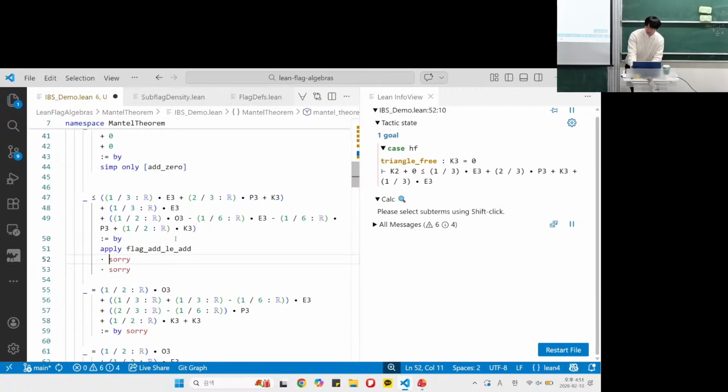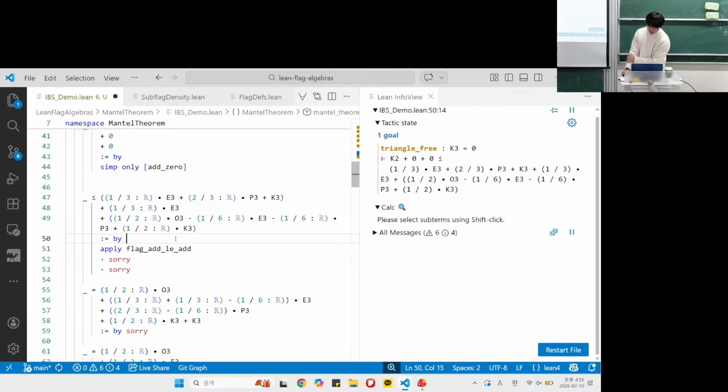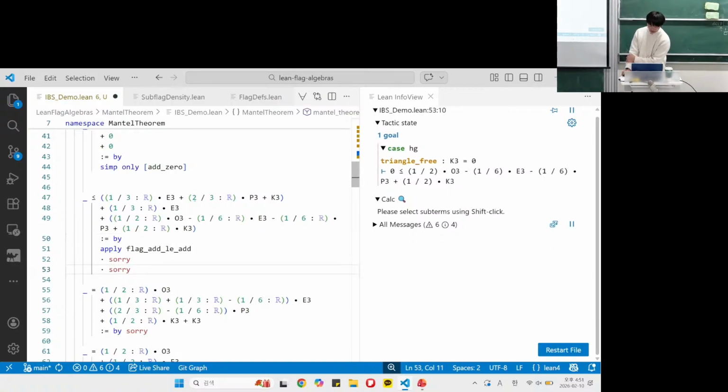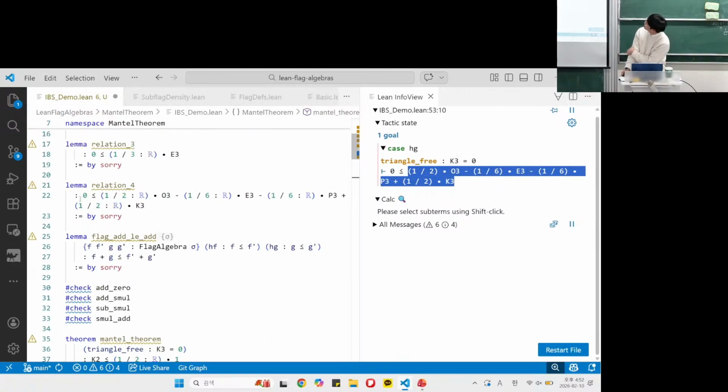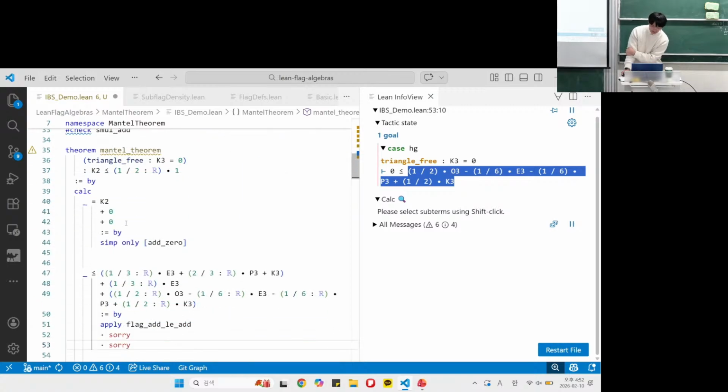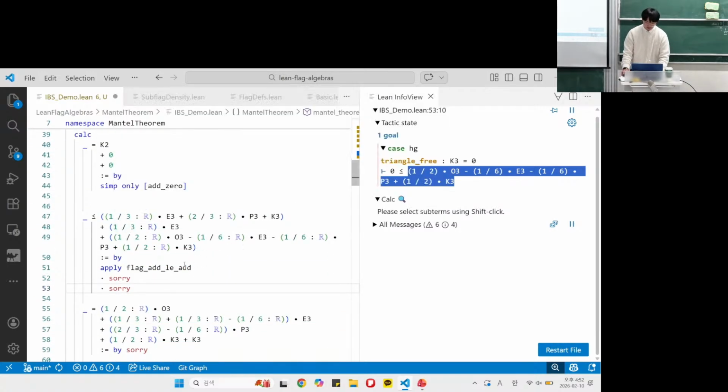And as you can see, there are two new goals to apply this add_le_add. For the second goal, you can see that these expressions are exactly the same as relation 4. Therefore, we can just write exact relation 4.